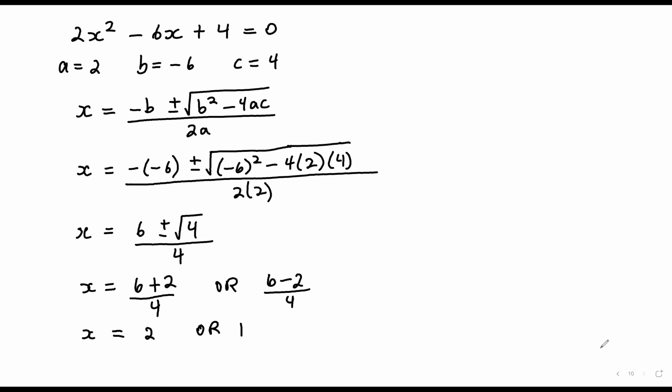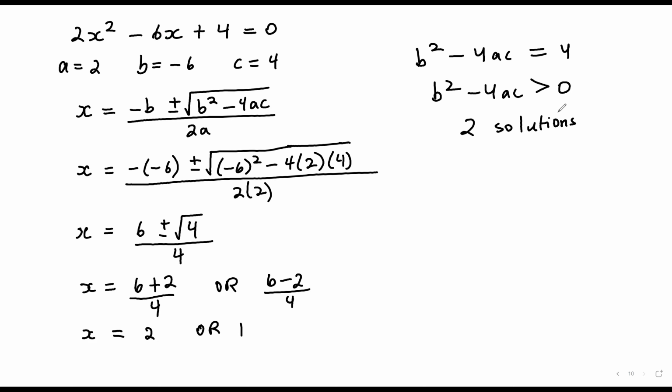Not here, sorry, here. Cool. The discriminant here was 4. B squared minus 4ac was equal to 4 in this case. So that means b squared minus 4ac was positive. It's greater than 0, so you have two solutions, as we saw here.